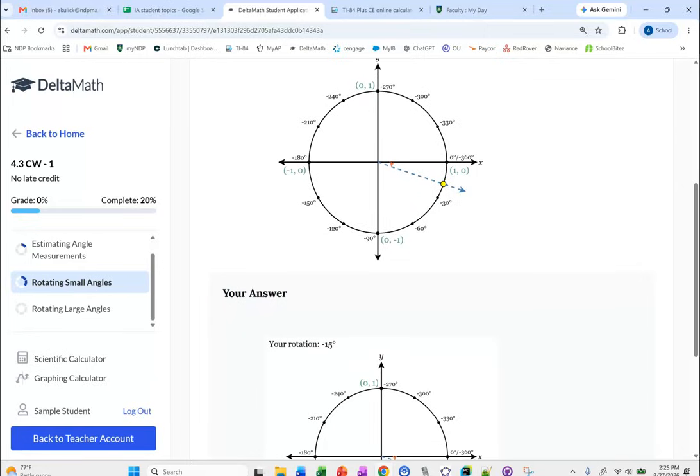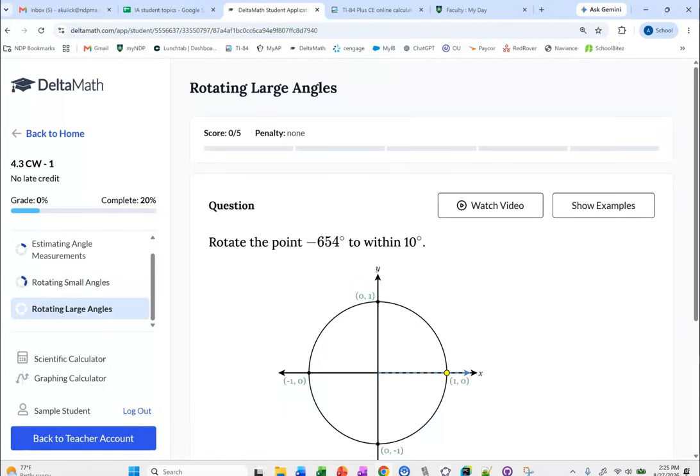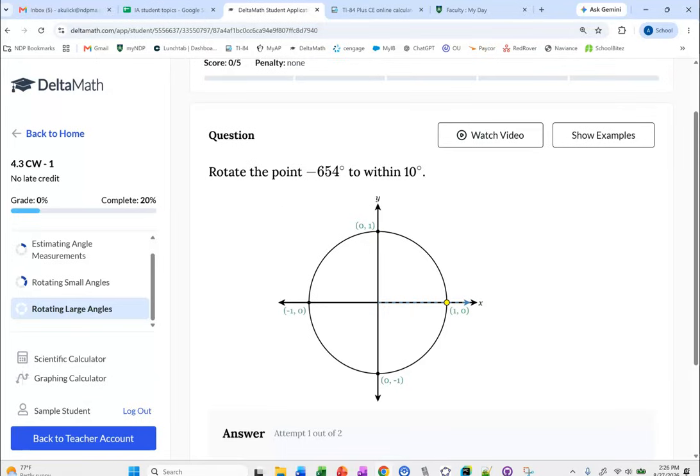Good enough. If I look at the last set, this is large angles, so that means you're going to have more than one trip around the circle. So here we have negative 645. So I'm going to start going clockwise. So I have negative 90, negative 180, negative 270, negative 360, negative 450, negative 540, negative 630, and then like 24 more.